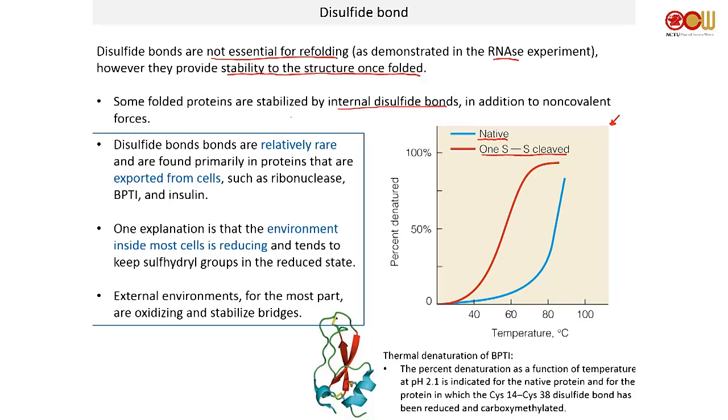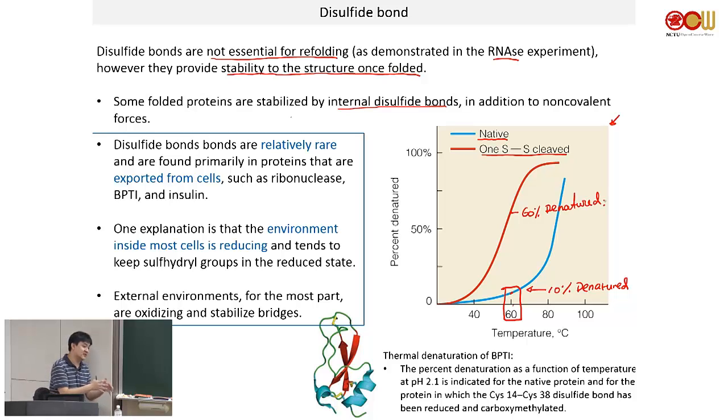Because after increasing the temperature to 60, I have only maybe about 10% denatured for the native protein. But if I have one disulfide bond missing, then at 60 degrees, I'm looking at about 60% denatured.